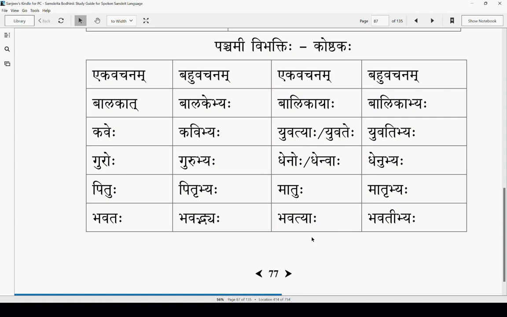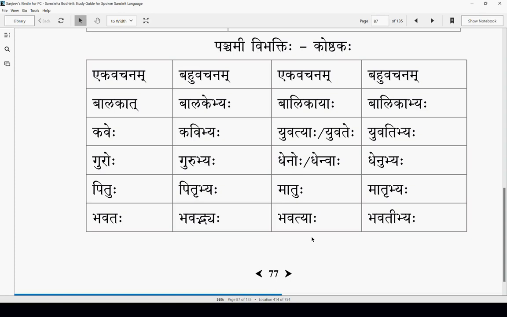So, let's take an example with a Dirghikaranta Shabda, like Nadi. Nadyaha Bahihi, clear? Bahihi means outside. Nadyaha Bahihi Makaraha agacchati.